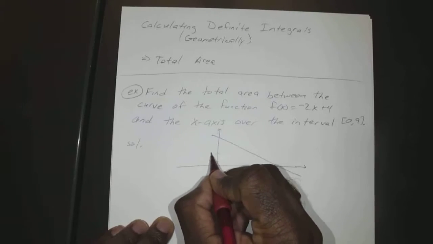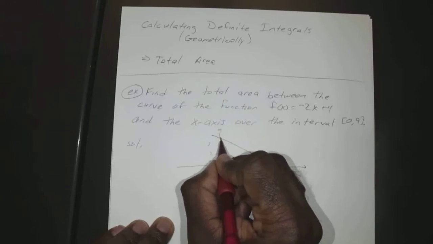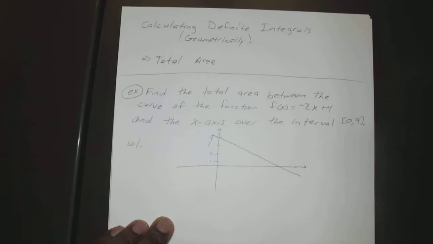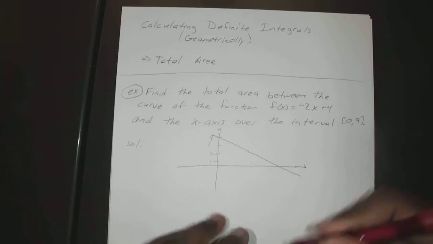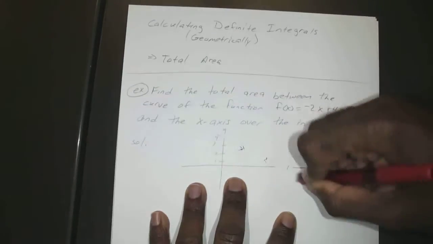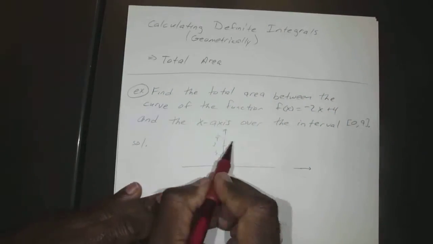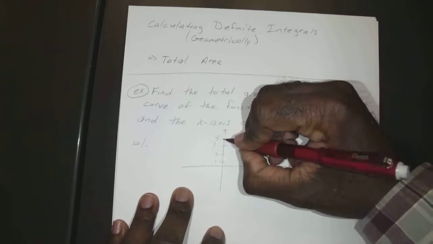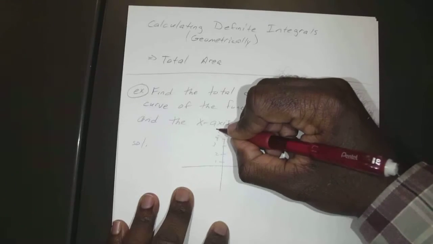So that's 1, 2, 3, and it intersects at 4. And actually it should have been over a little bit more, because this intersects at 2. So this should have been a steeper slope.